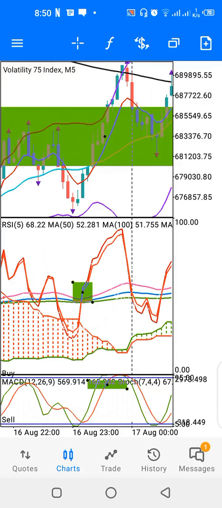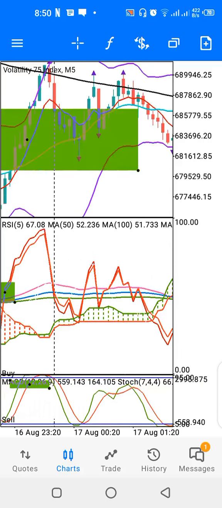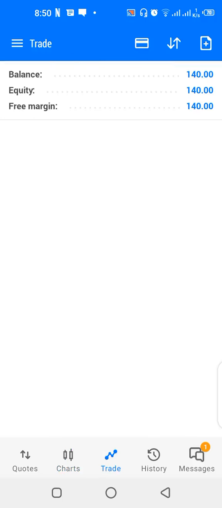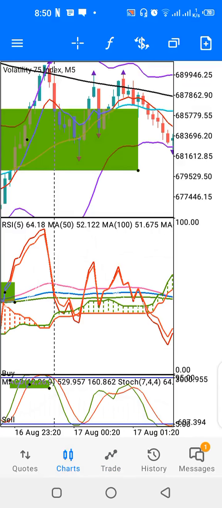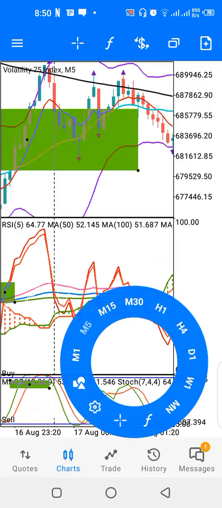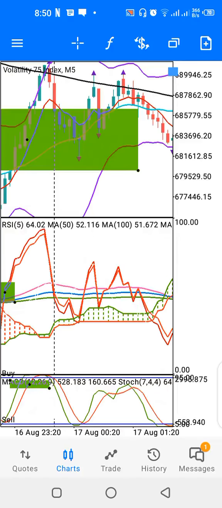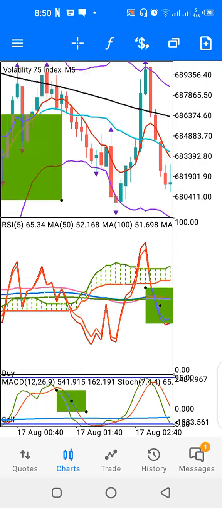For you to have a sell signal, on the other hand, the green and the red lines will most likely drop from the 95 level. As it drops, that's your sell signal.